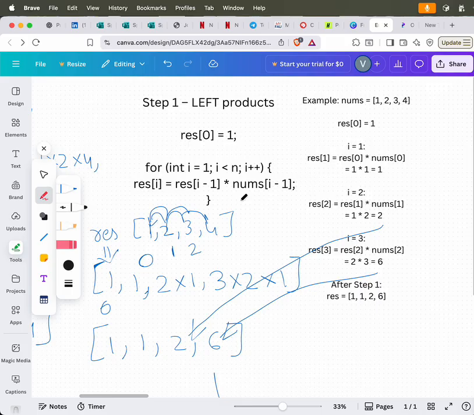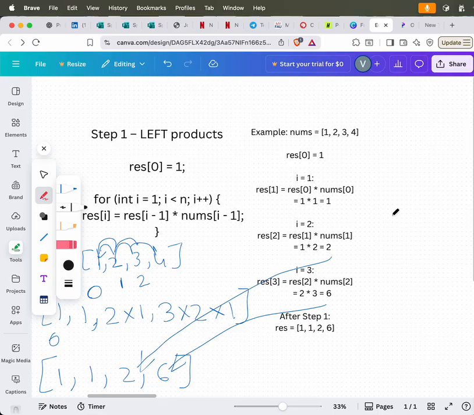This means to get the product of everything on the left of I, take the product we had for the previous index, which is res of I minus 1, and multiply it by the previous number in the array. I hope you understand.